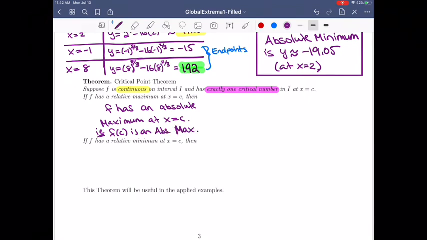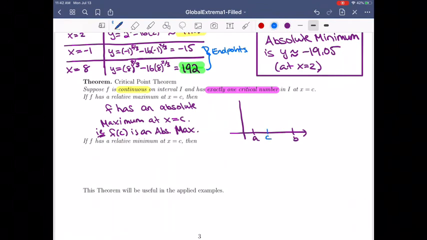So what's going on here is you have some interval. Let's say it goes from A to B, and you have some critical number C. If you know that C is something like this, a relative maximum, because there's no other places the function can change, even if these endpoints are open, it doesn't matter.